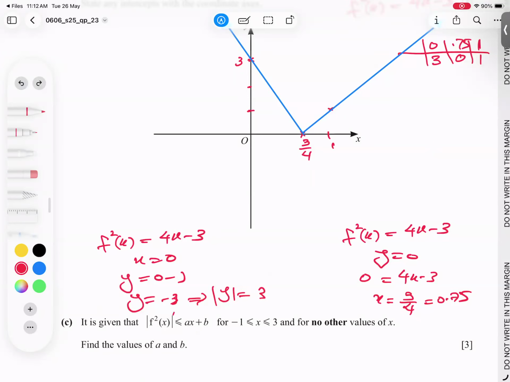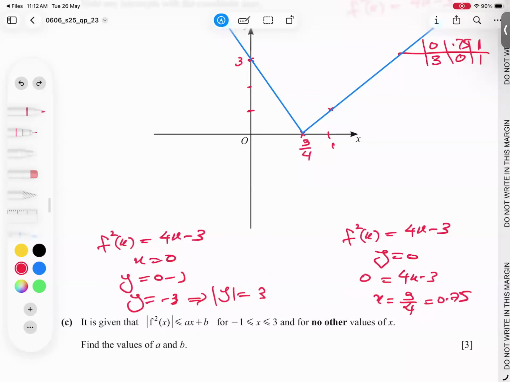Repeat once again, it is given that this is less than, okay. If we talk about this graph, we have already, okay, and less than ax plus b. And we have been given these x values, this value and this value. And for no other x value. So we talk about these two special x values.